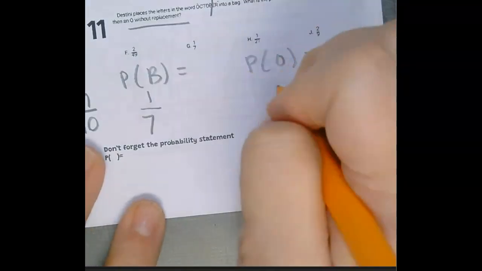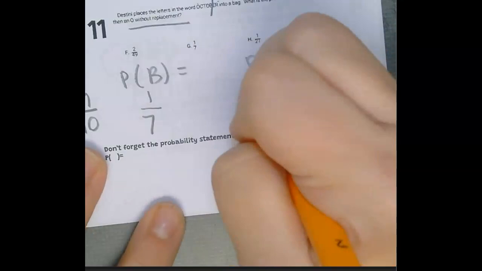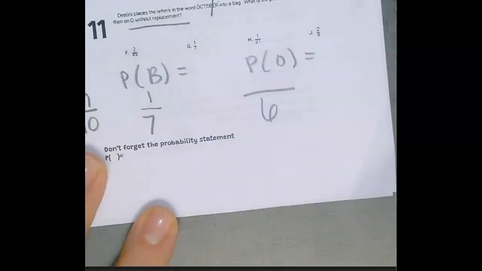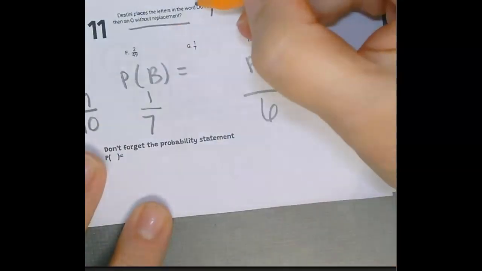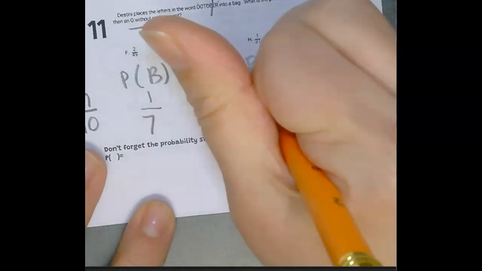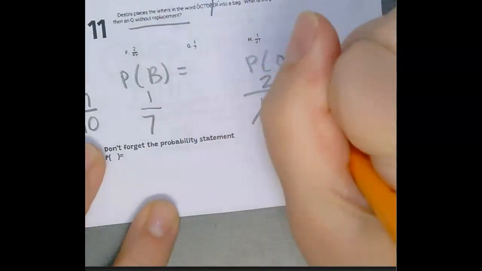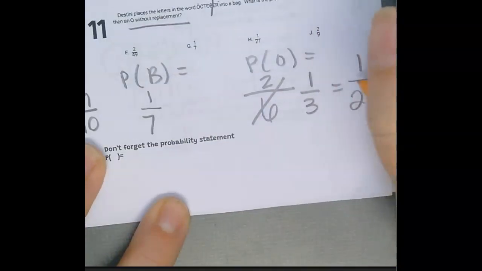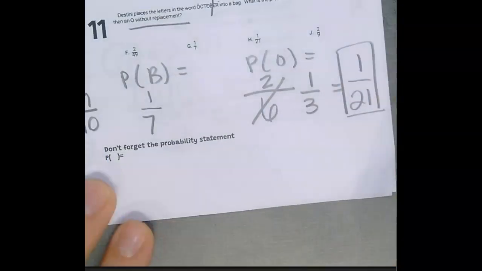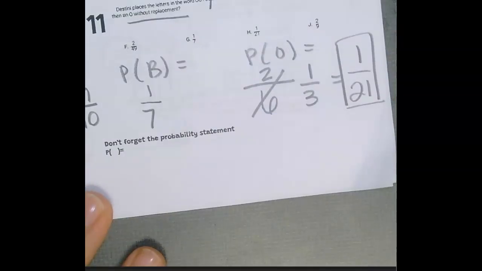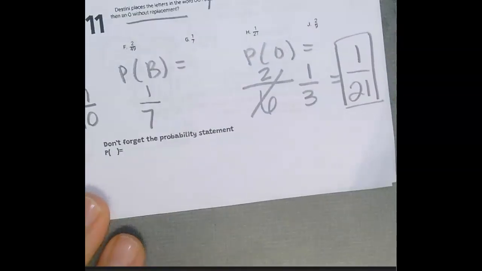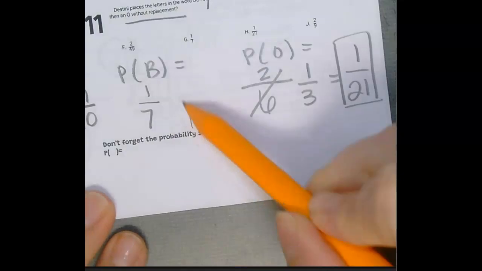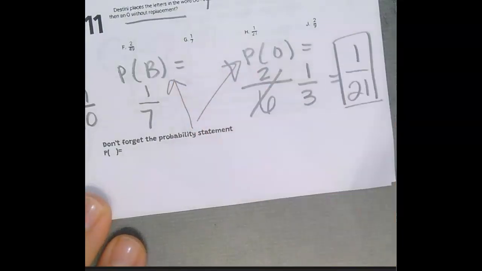And then remember, we are not replacing it, so we only have 6 tries this time, 6 letters, and 2 of them are O's. We can simplify that to being 1/3, and that would be 1 out of 21 chances to get B, not replacing it, and then getting an O, 1 out of 21. And both of our probability statements are right there.